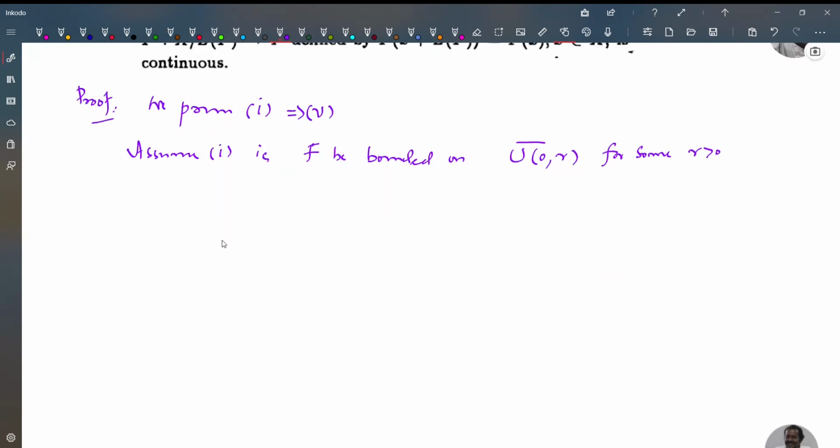That is, f is bounded on the closure of U0(r) means norm of f(x) is less than or equal to beta for all x in the closure of U0(r), for some r greater than 0.